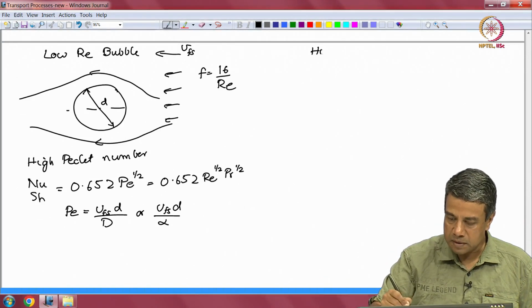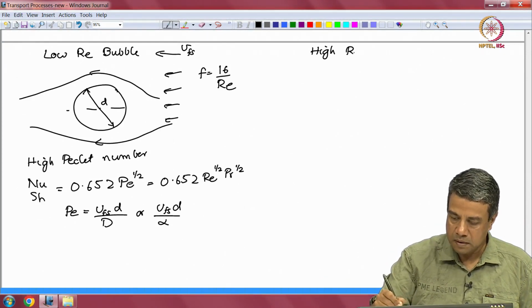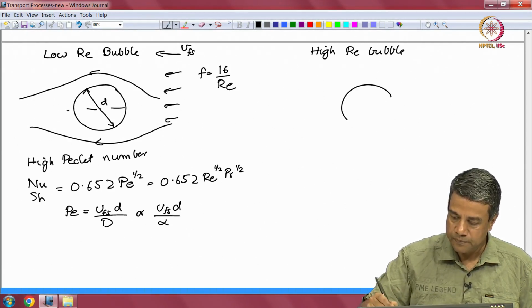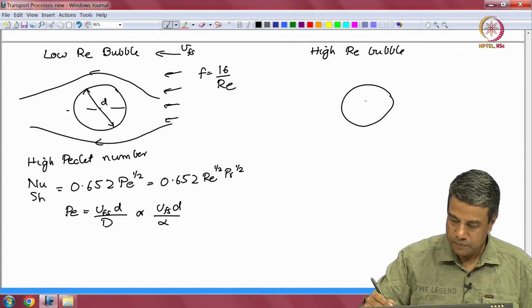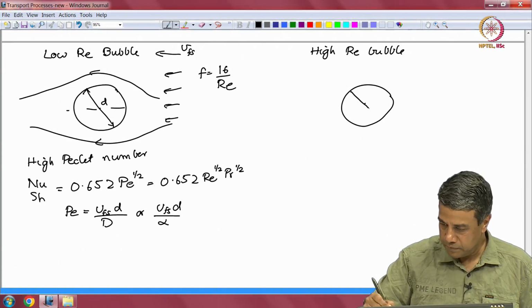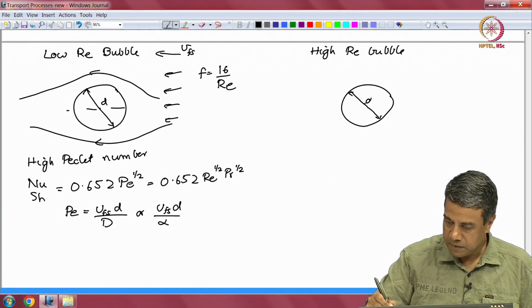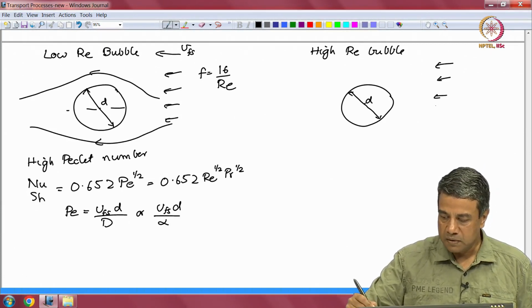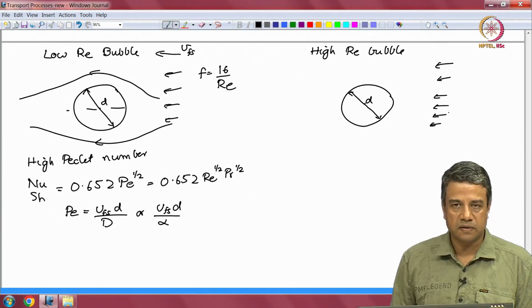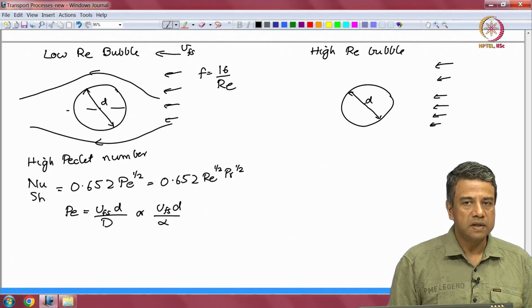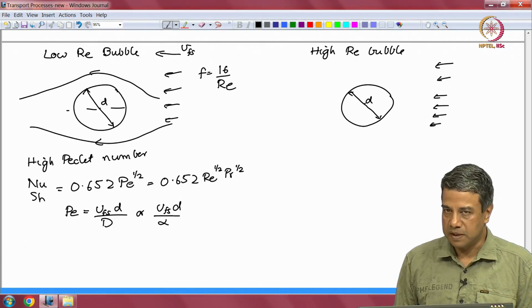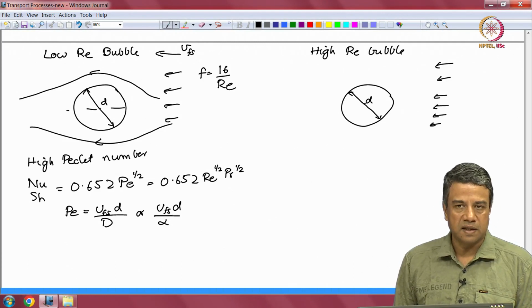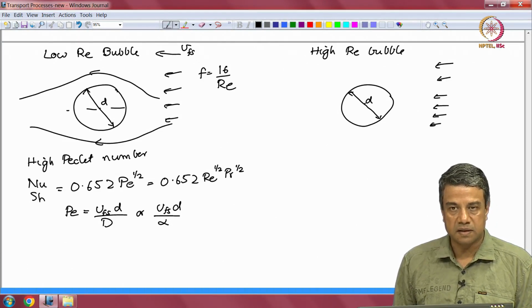How about high Reynolds number? With the free stream velocity. You recall I had told you that if the interface is clean, there are no surfactants and so on, the interface is mobile, it is just an interface between a gas and a liquid with nothing that can cause rigidity at the surface.